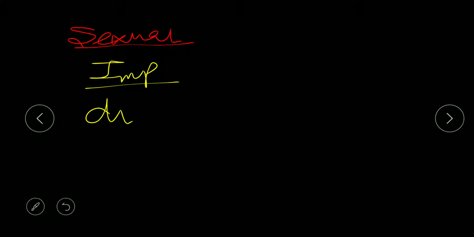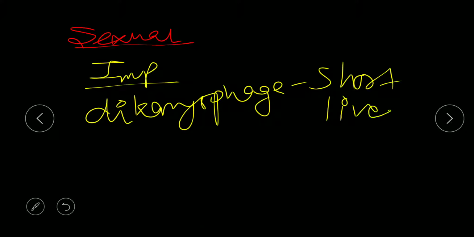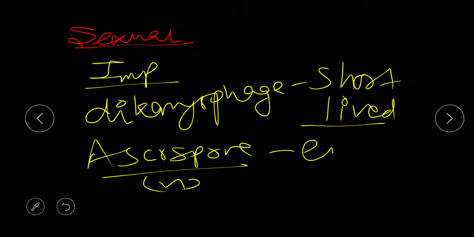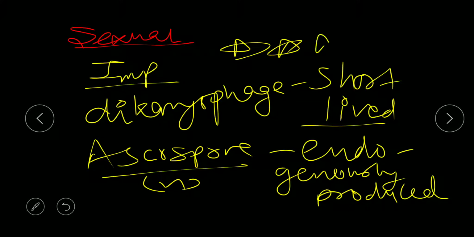One is the dikaryophase, which is short-lived. And second, the ascospore. Ascospore is a sexual spore which is a haploid spore, and it is endogenously produced. So these are the two important statements that you should remember. They are important with respect to the exam.